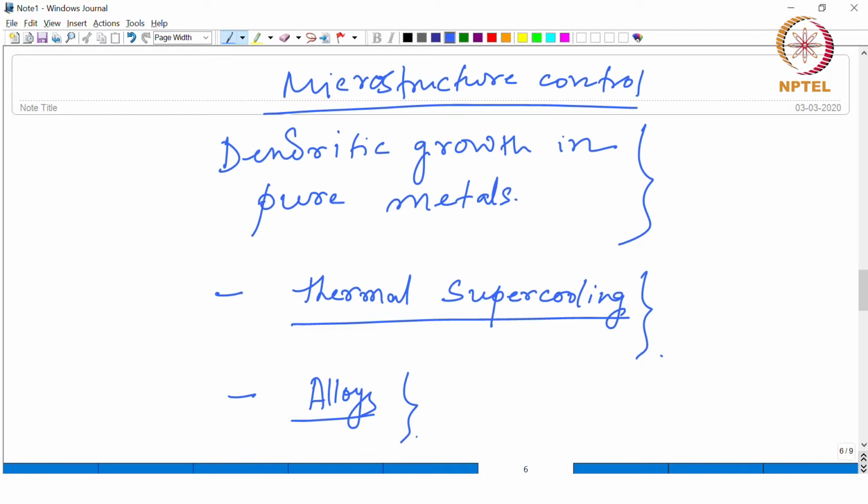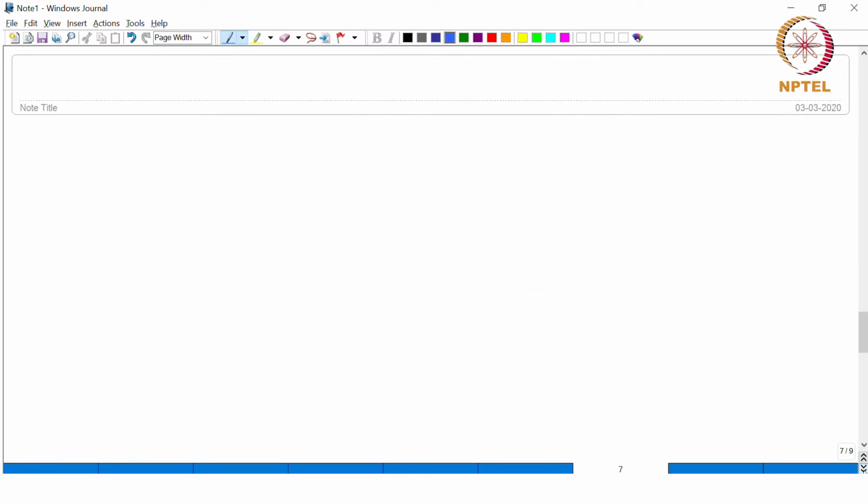Alloys are different from pure metals in the sense that you have a second element which is dissolved in the parent metal, right.